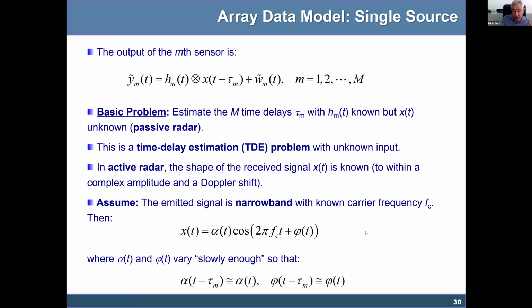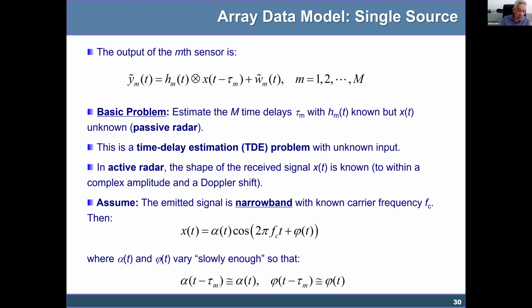And if they are low pass, it means they have a narrow band, so both alpha and phi change slowly. And the implication is that we can assume that within a time equal to tau m, both the amplitude and the phase do not change significantly. So we can make this assumption.